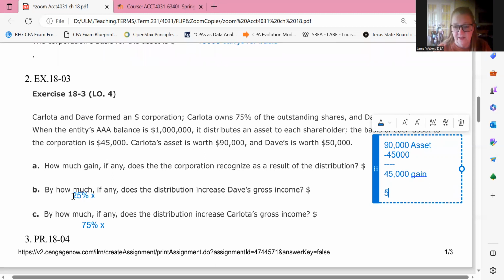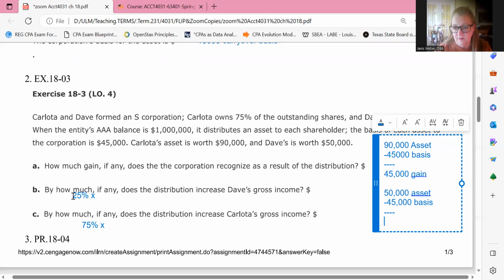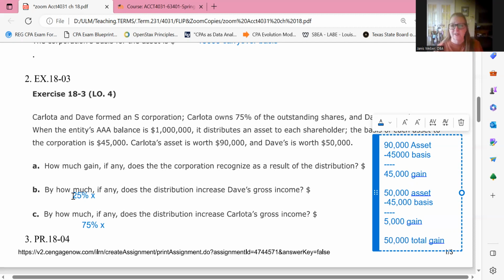The second one was a $50,000 asset minus $45,000 basis. So that's a $5,000 gain, isn't it? Total gain: 45,000 plus 5,000, $50,000 gain. So the corporation is going to report on Schedule K this gain of $50,000.